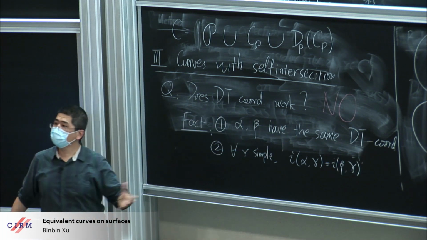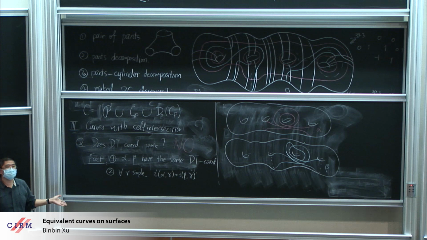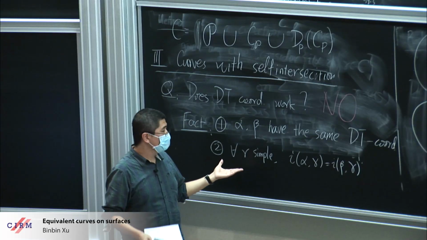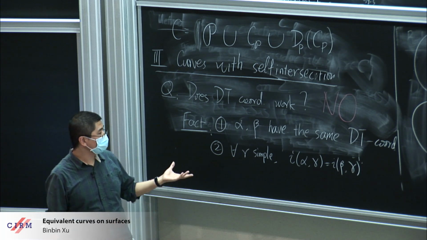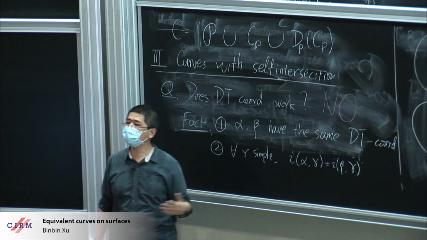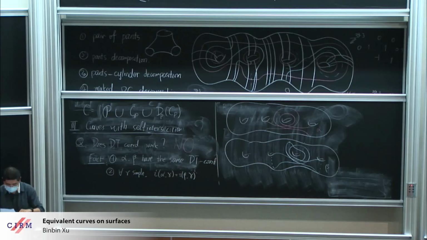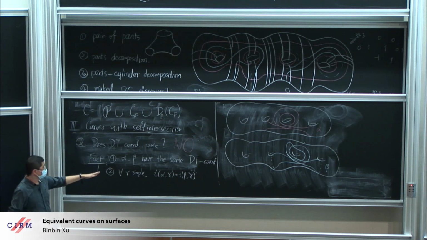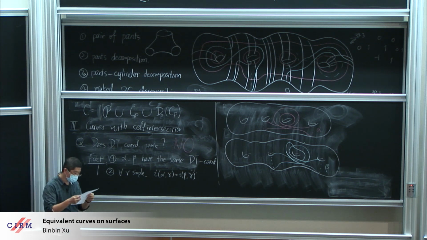So these two curves will intersect any simple curve the same number of times. So if I only want to use a simple curve, I cannot tell alpha and beta apart from each other by considering intersections. So it seems there is some obstruction when we try to generalize in this way.